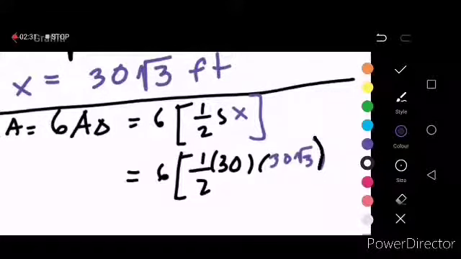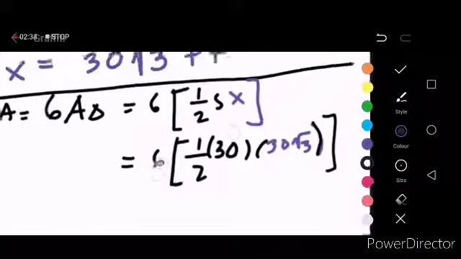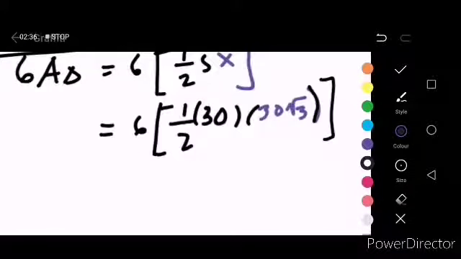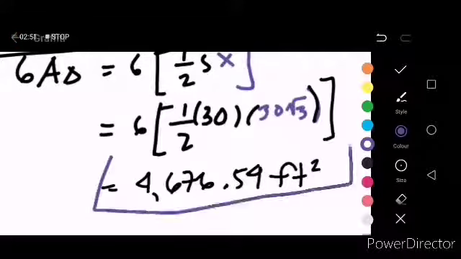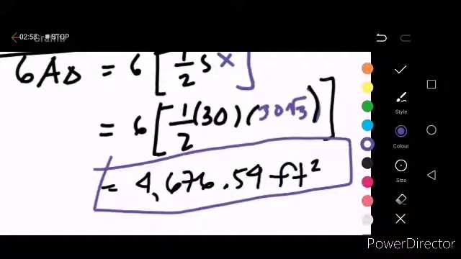Okay? And then, the final answer, using your calculator now, is what? Yes, it's 4,676.54 feet squared. Yan ang kailangan yung pinturahan kung sakali.